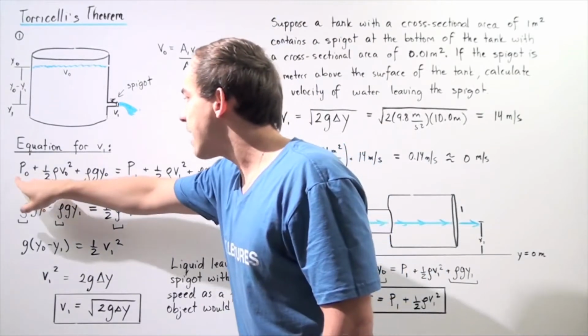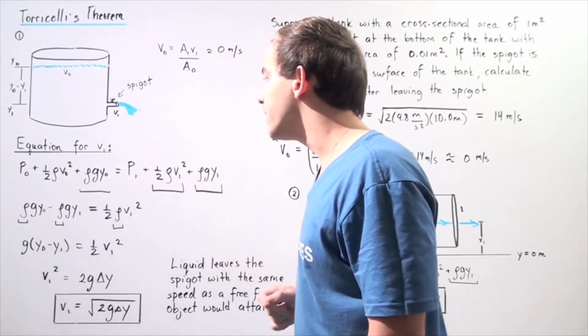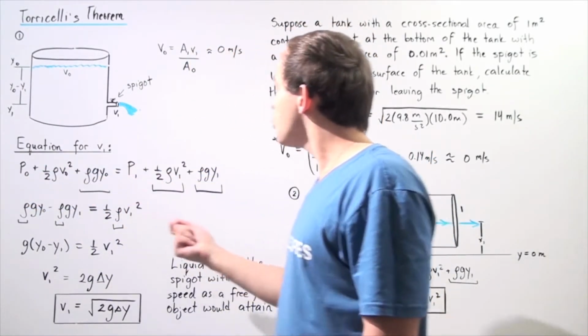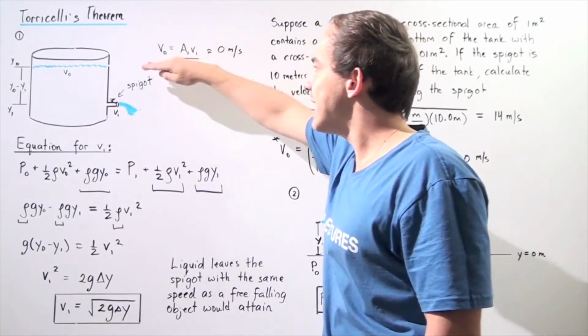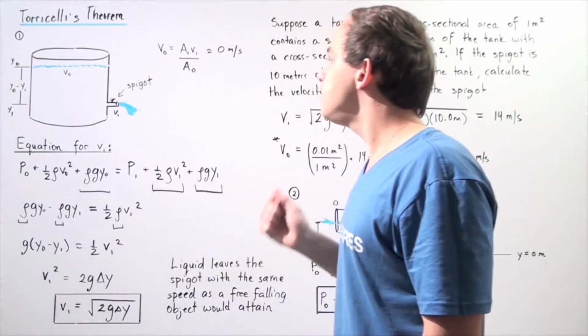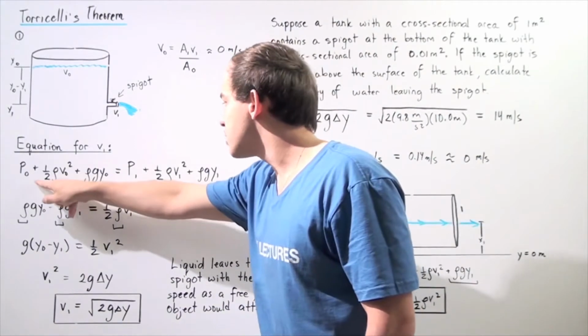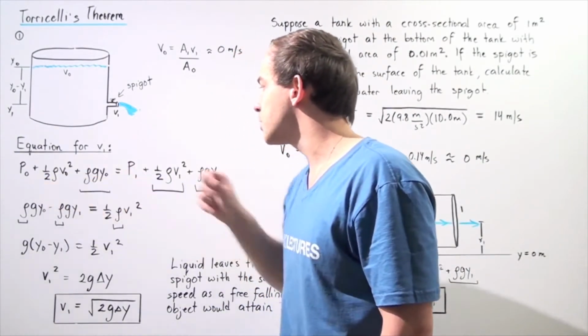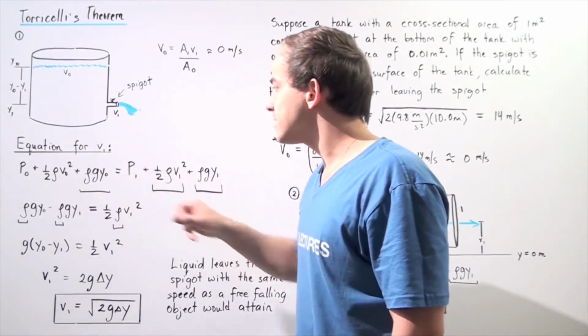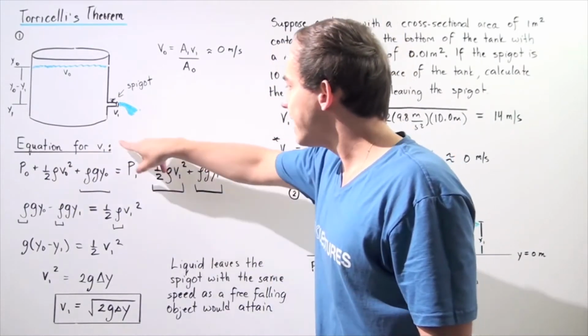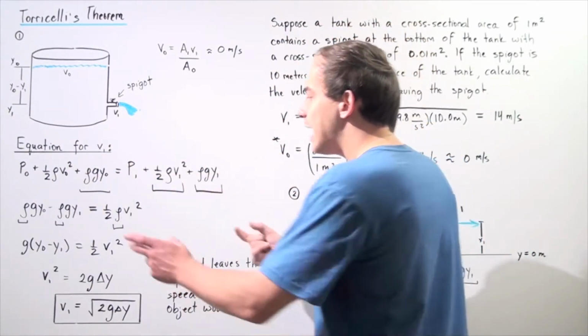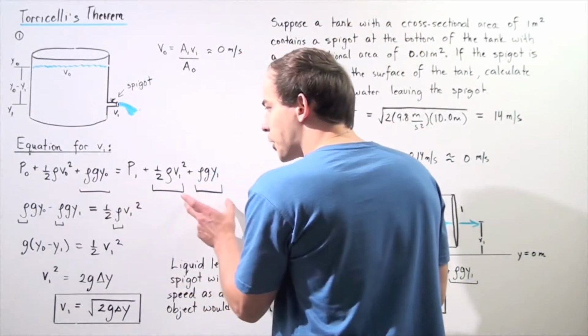So we can cross out P0 and P1. Now notice we assume our initial velocity at the surface of the fluid to be 0. So that means this entire term can be canceled out. So this term is canceled out, this term is canceled out, and this term is canceled out. And we're left with the following three terms.